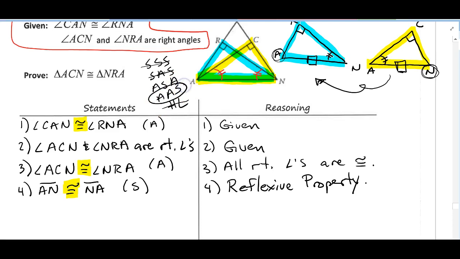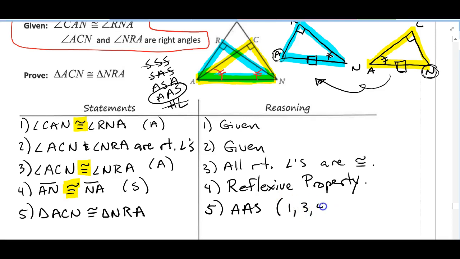So I am in fact going to use angle, angle, side to prove that triangle ACN is congruent to triangle NRA, and my reason is angle, angle, side, and the steps that I got those pieces of information from are in 1, 3, and 4.